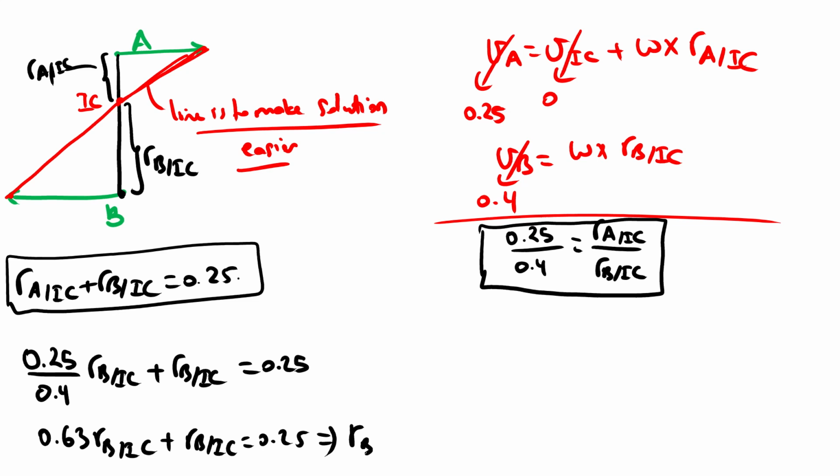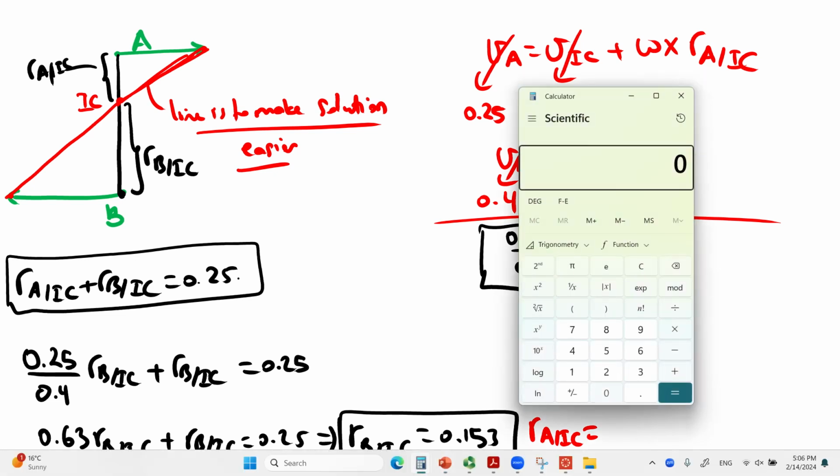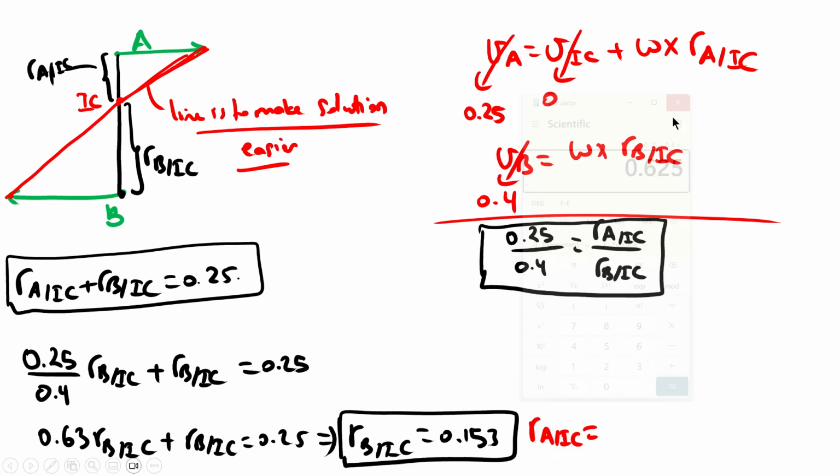So RBIC becomes 0.153. Similarly, by replacing, you can find RAIC. That will be 0.63 times the value here, so 0.63 times 0.153, which is 0.096.